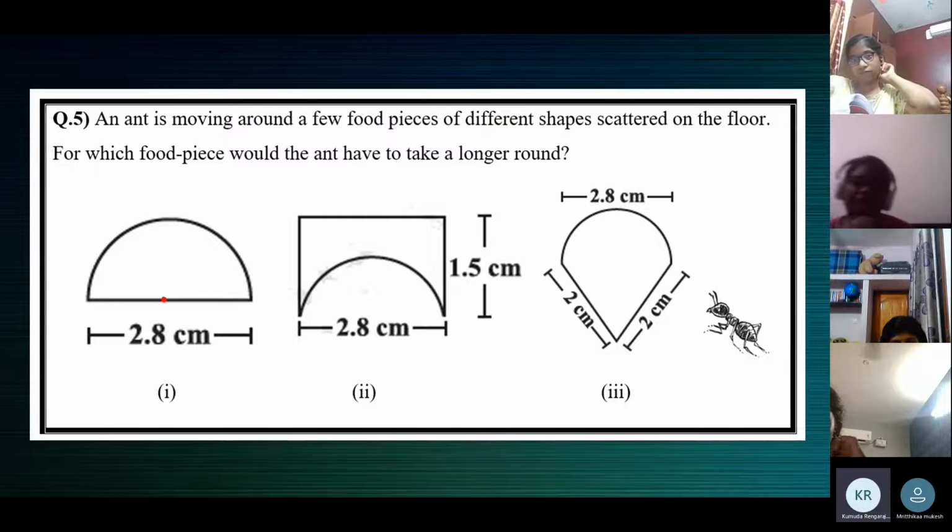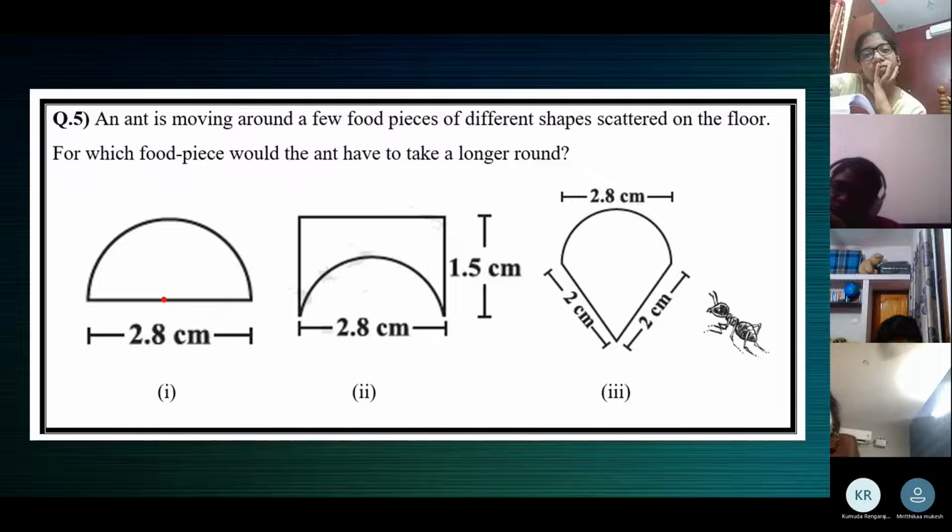And how do you find the perimeter of this figure, which is a semicircular region? The length of this arc plus 2.8. Now the next figure, figure 2.